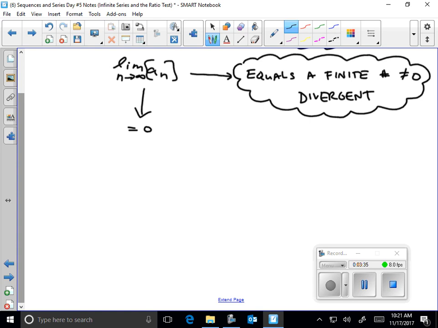However, we found last chapter that the integral of 1 over x dx from 1 to infinity diverged, the area under the curve. So just because the limit of the sequence is 0 doesn't mean that the series converges. It just means it might converge. That's my little caveat, my disclaimer. So this means it's possible that the series converges.